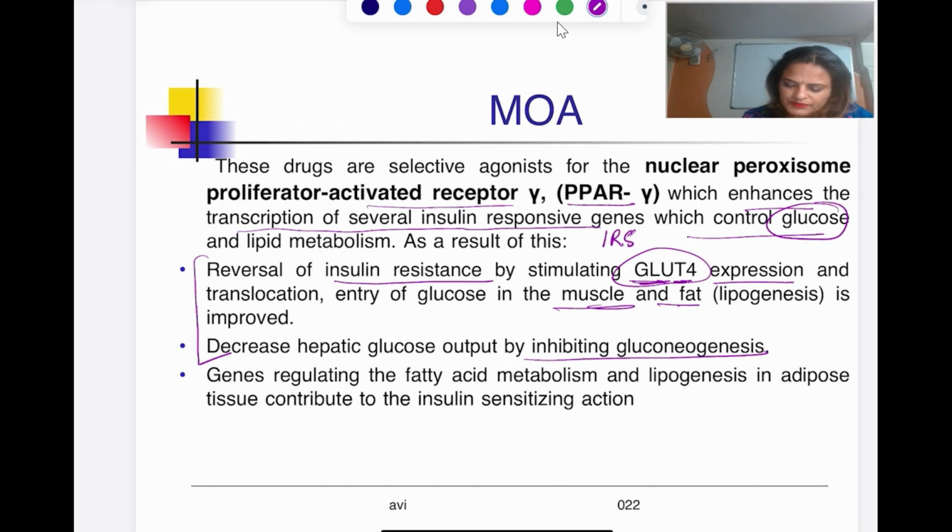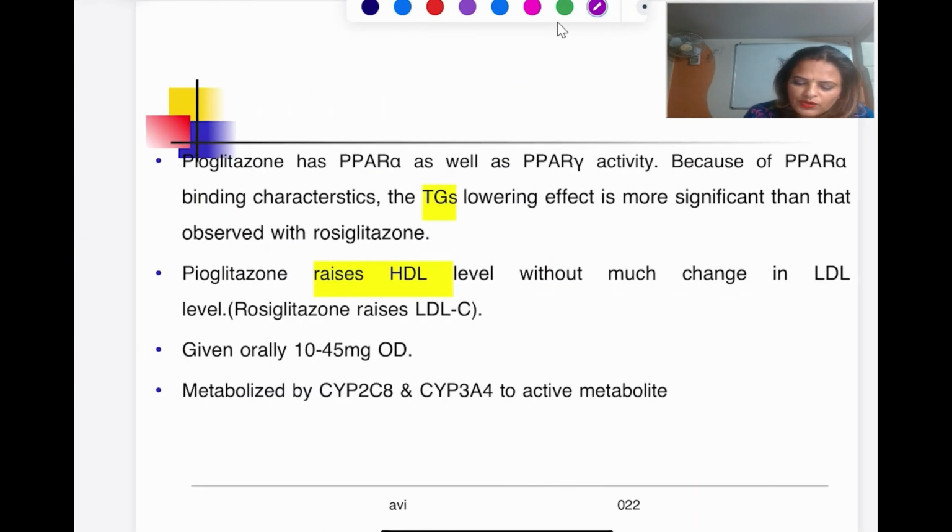Then with the fat, genes regulating the fatty acid metabolism and lipogenesis in the adipose tissue also contribute to the insulin sensitizing action. Then pioglitazone has alpha activity also. So they are going to lower the triglyceride level and raise the HDL level. With pioglitazone, no change in LDL.